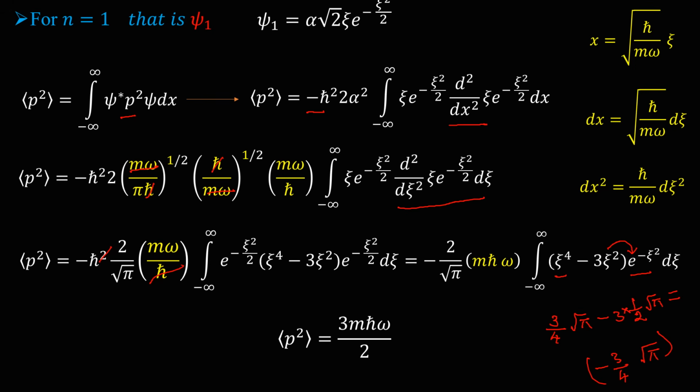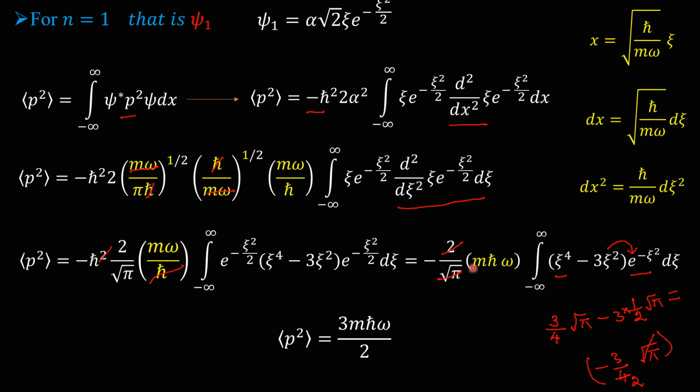Now this square root of pi will get cancelled with this square root of pi, and this 4 will get cancelled with this 2. Already there is one minus; minus of minus will become plus. Naturally 3 by 2.